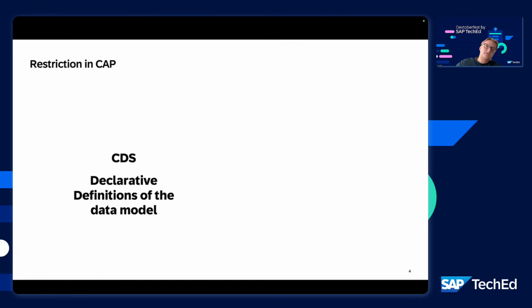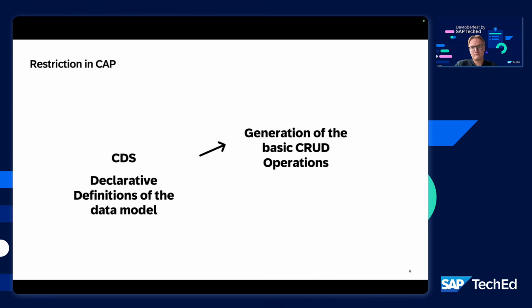So what is the problem, or where are the restrictions in CAP? Currently we offer the declarative definitions of the data model in the form of CDS, where you can define everything in one central model. From that, we can generate all the basic CRUD operations that your application might need and that you might know.